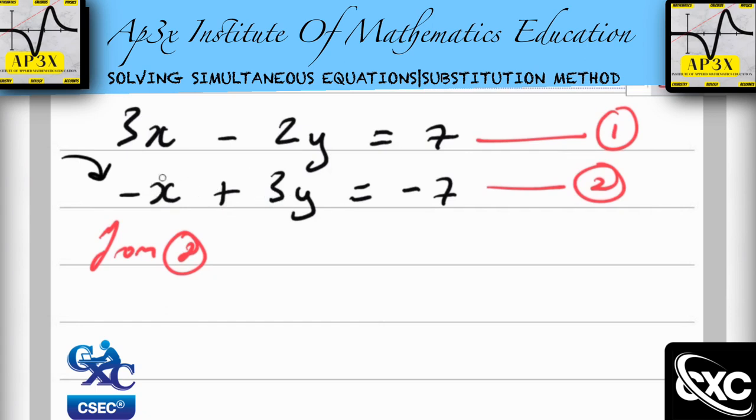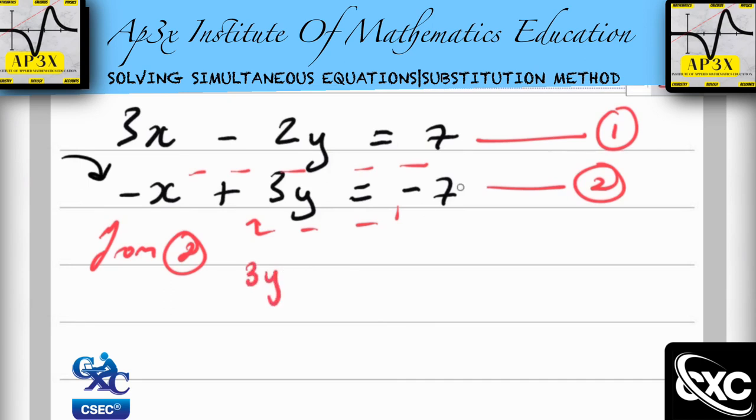I'm going to transpose this subject because I want the subject to be positive. So instead of bringing over the 3y like I would normally do, I'm going to bring over the x, and then bring back over the 7. So from equation 2 then, I'm going to have 3y left on the left hand side, -7 comes over, becomes +7, and that is equal to +x. So this time I have my subject on the right side. Now if you want, you could turn it around and say x is equal to 3y plus 7, same difference.